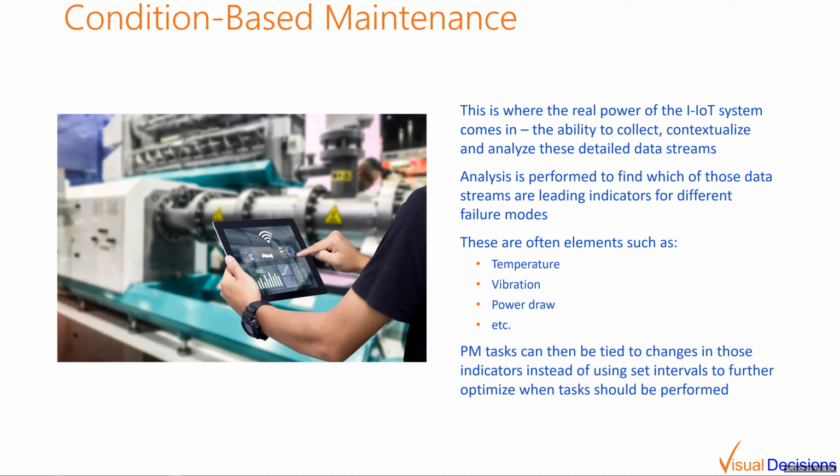Once you find out which of those are indicative of coming problems, then you can create tasks around when those process variables show changes in value and go outside tolerances. You can both alert different people as well as perform some PM activity based on that condition.